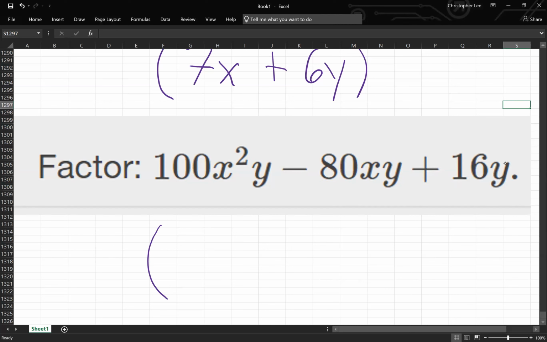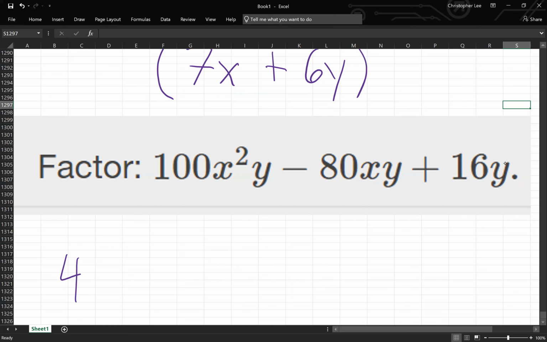25? What am I supposed to do first before I even start doing all this? Right. What's the greatest common factor there? 10, no. 4.